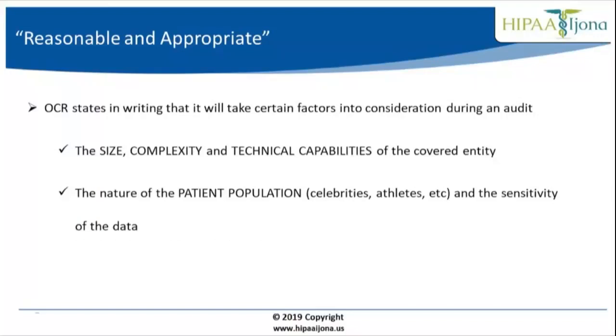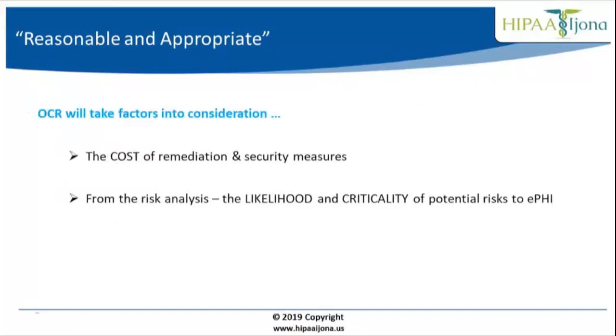Or it could be that your patient population doesn't have the celebrities and athletes that a facility in Los Angeles does, and they're thinking the odds of somebody trying to get into your system are lower. They'll take those things into consideration.